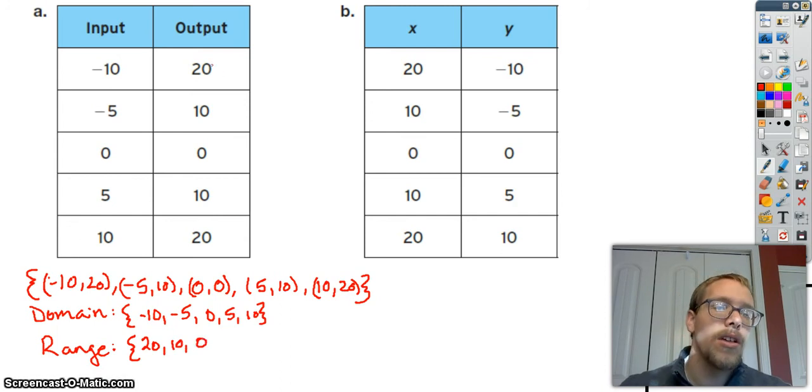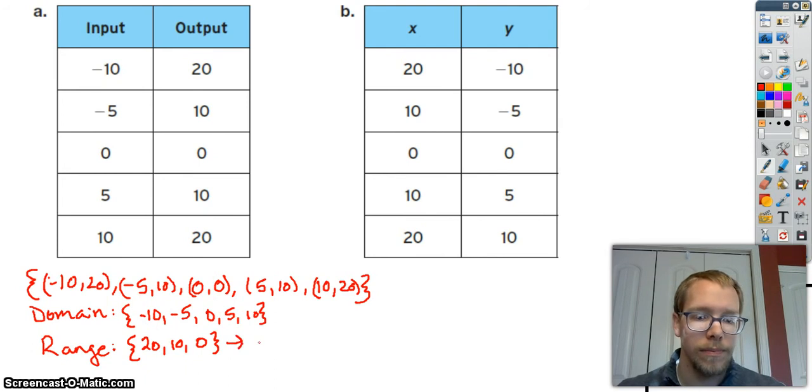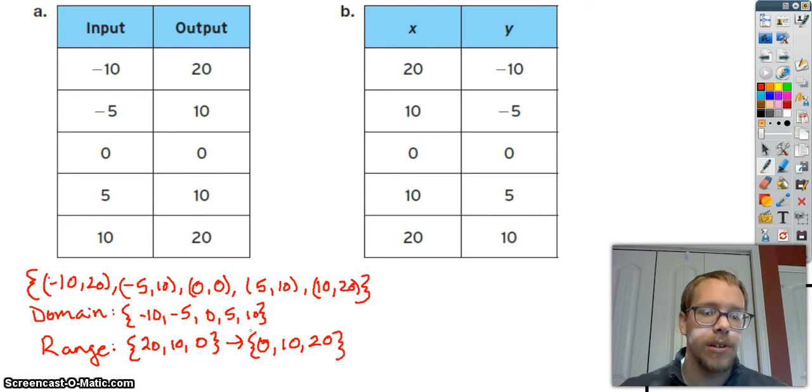Notice I just have 3 output values. And to be a little bit more neat, I'm going to write those in numerical order: 0, 10, and 20. That's not so much of a big deal, but I'm going to do it just for the sake of being consistent. I wrote my domain values in numerical order, so I'm going to go ahead and put my range values in numerical order.